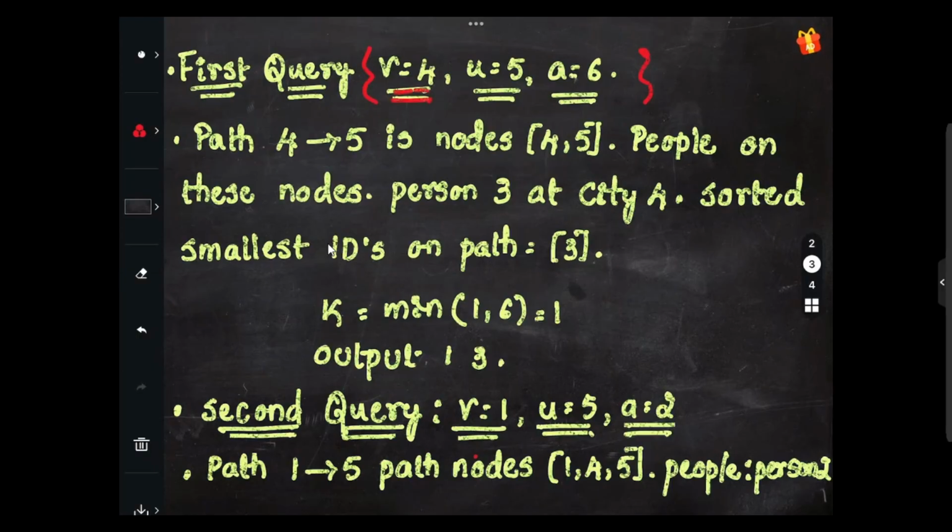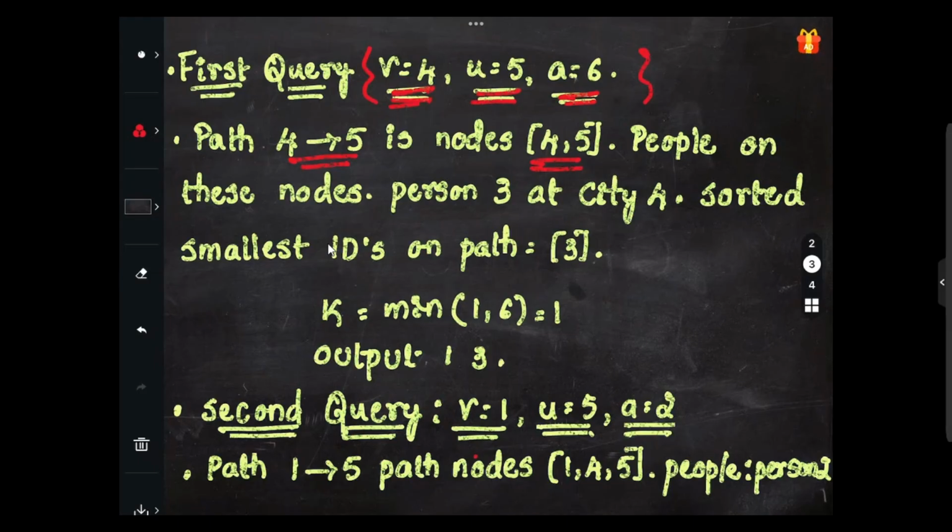Person i lives in city C_i. For the first query, v is 4, u is 5, and a is 6. For the path 4 to 5, the nodes are 4 and 5, right?